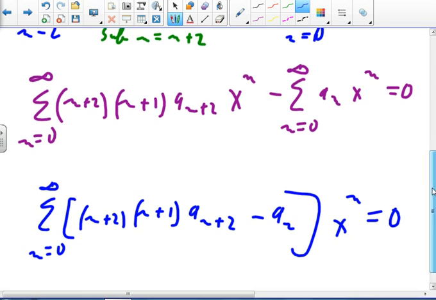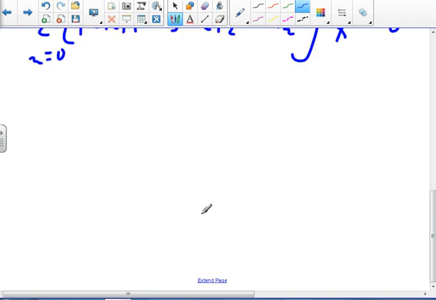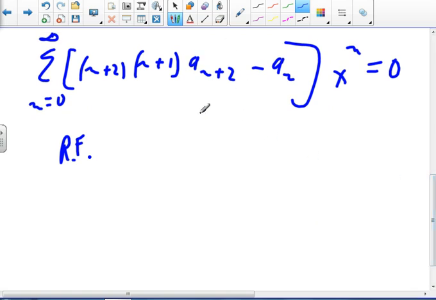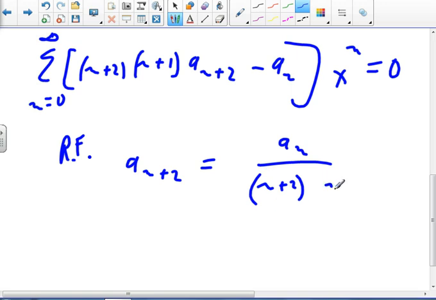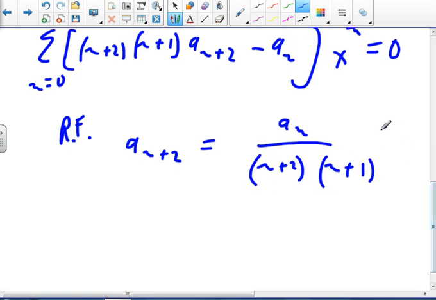So, all right. Now I have a recurrence formula. It says a_(n+2) is equal to a_n divided by (n+2)(n+1), for all n greater than or equal to 0.